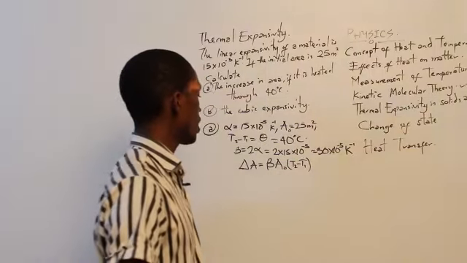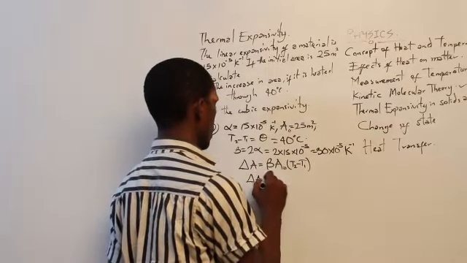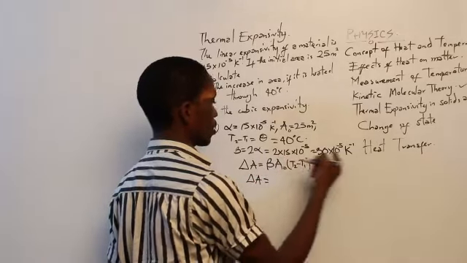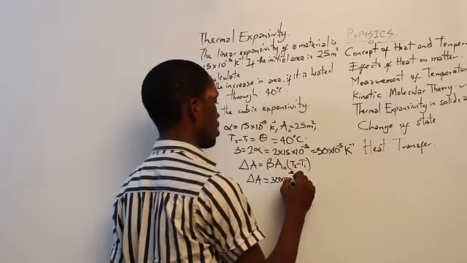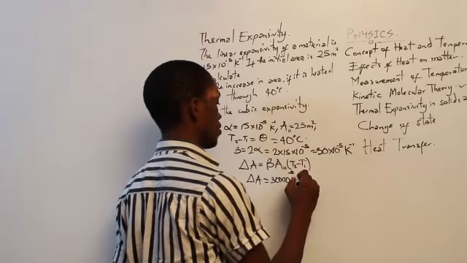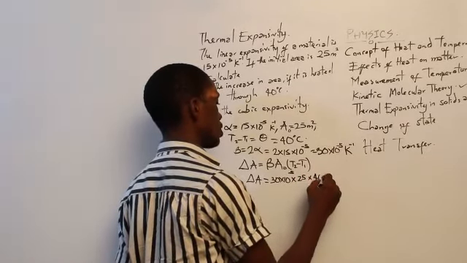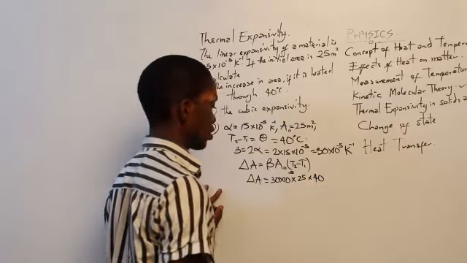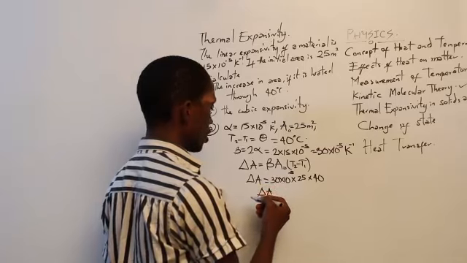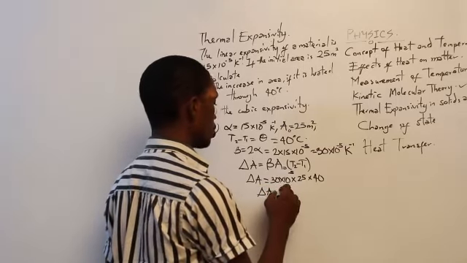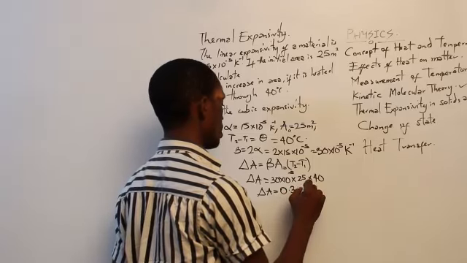Substituting our values into the expression, we will have our change in area equal to 30 times 10 raised to the power minus 5 multiplied by the area, which is 25, multiplied by the change in temperature, which is 40 degrees Celsius. And when we multiply all of this together, we get our change in area to be equal to 0.3 meters squared.